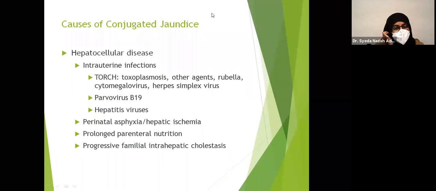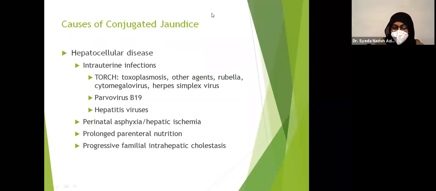Anything that impairs the circulation or the nutrition supply to the liver leads to damage to the liver and ultimately gives rise to direct jaundice in the long run. Anytime a baby is kept on parenteral nutrition for a longer duration, that can impair the liver's ability to release the conjugated bilirubin, causing conjugated jaundice.